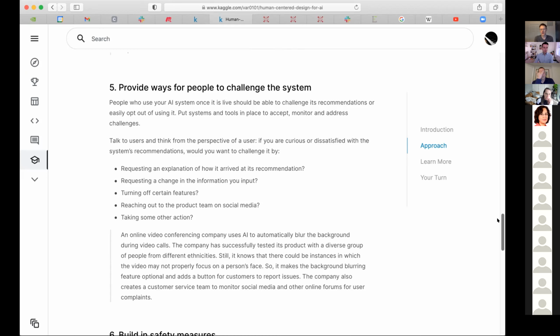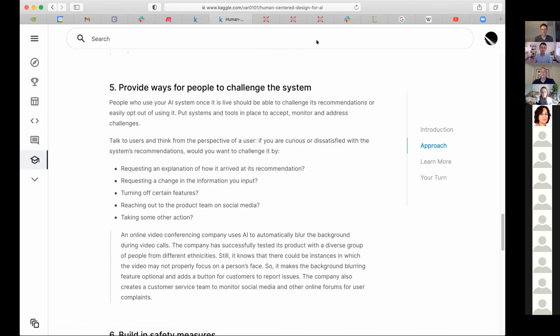And you really need to think about all the possible ways in which your system could fail or produce undesirable results, and enable feedback mechanisms that allow people to communicate to your developers that these are problems, so that you can start to think about how you can fix these problems.